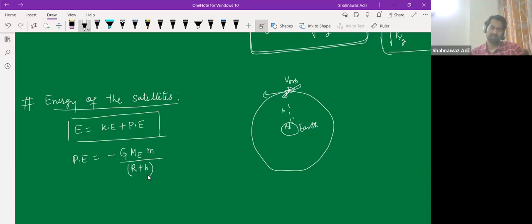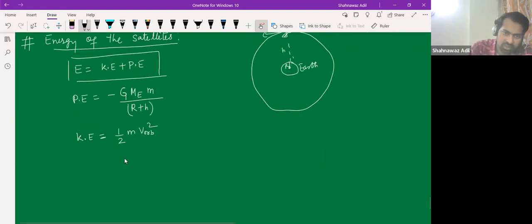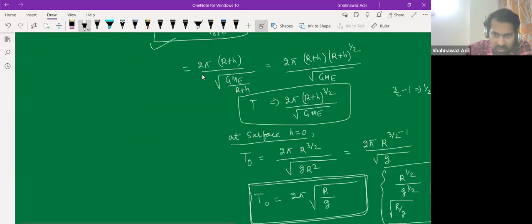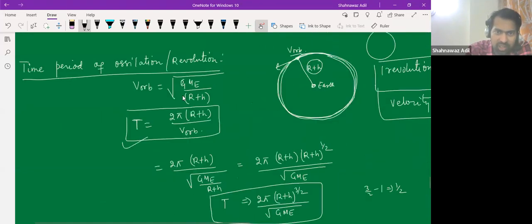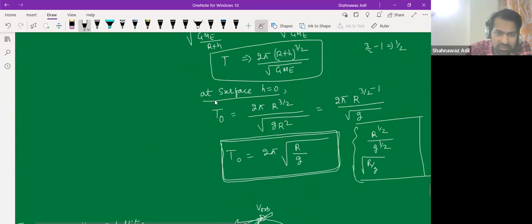Yes, sir. And kinetic energy would be how much? This would be half m v orbital square, right? So how much is this v orbital? This is m, and v orbital we have calculated as root of G M_E by r plus h.